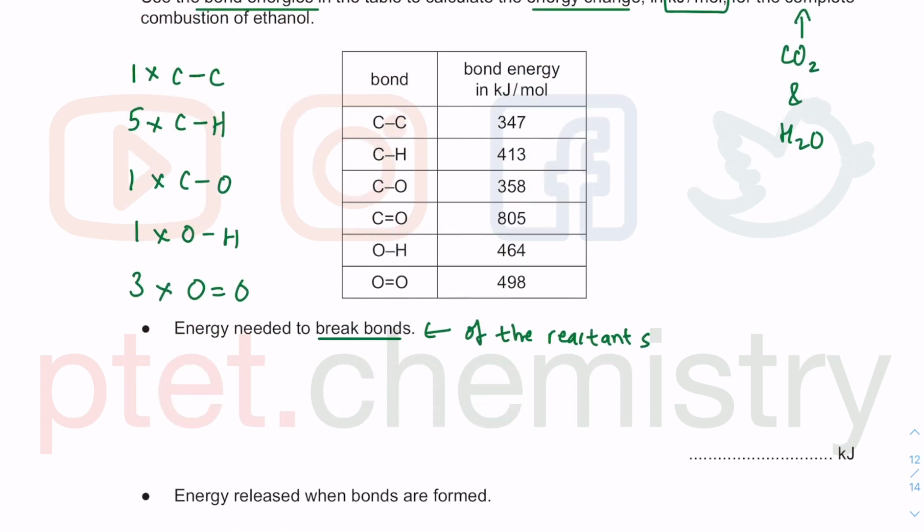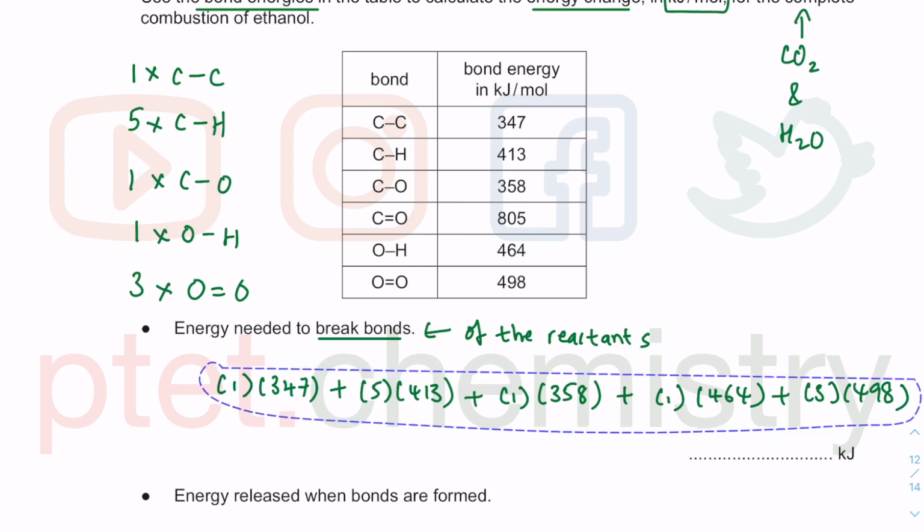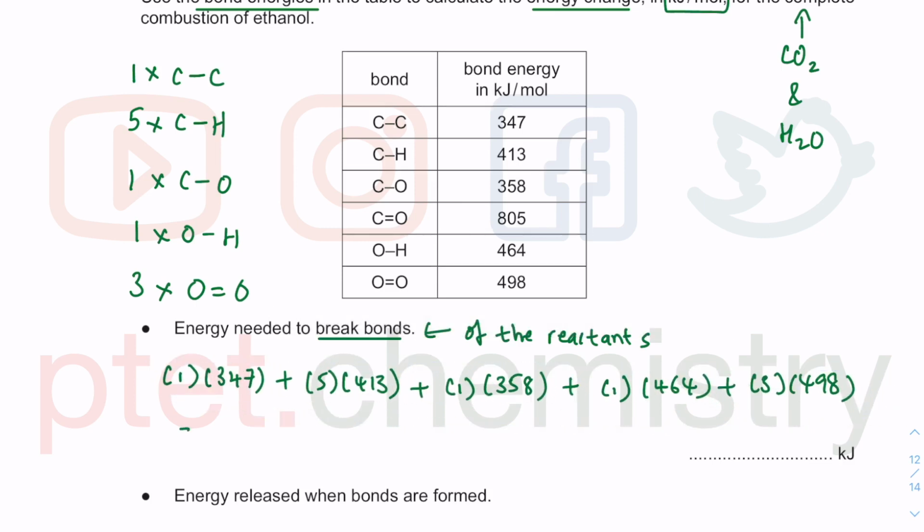So looking at the table, I can say 1 times 347 for the C-C, 5 times 413 for the C-H, 1 times 358 for the C-O, 1 times the O-H, and last but not least 3 times 498 for the oxygen double covalent bond there.